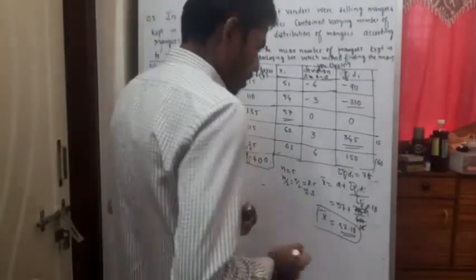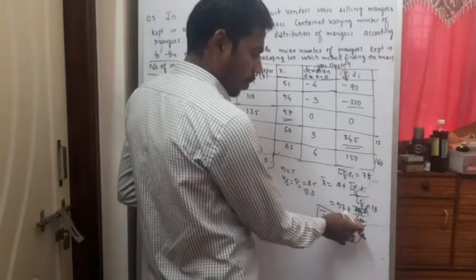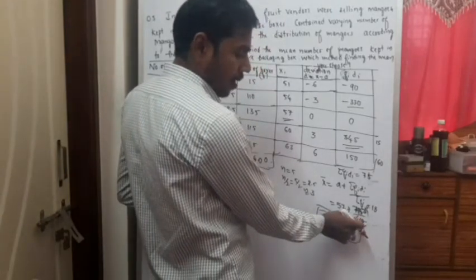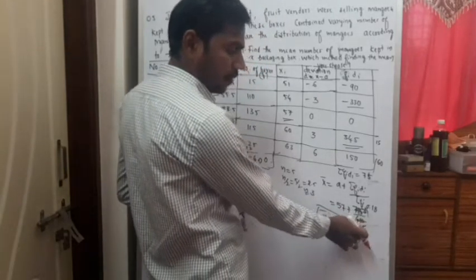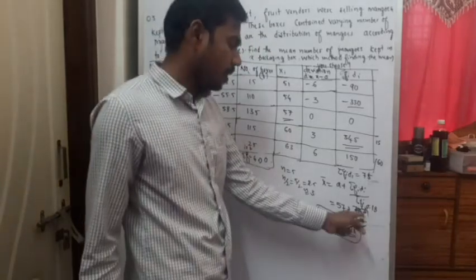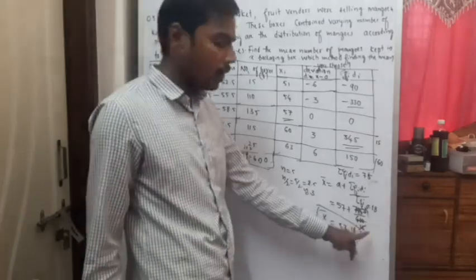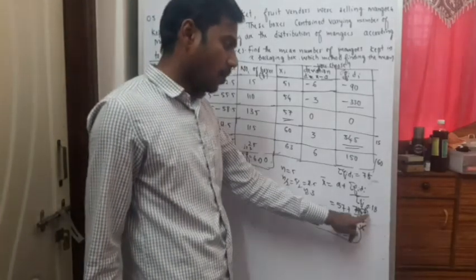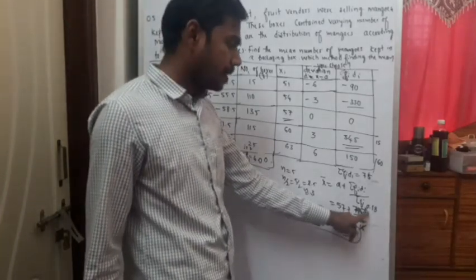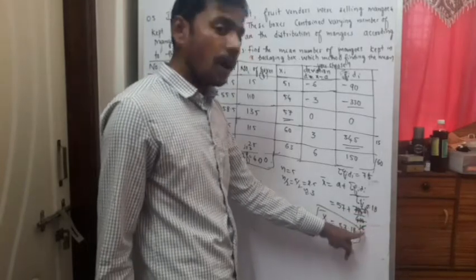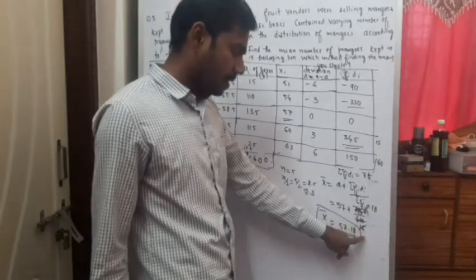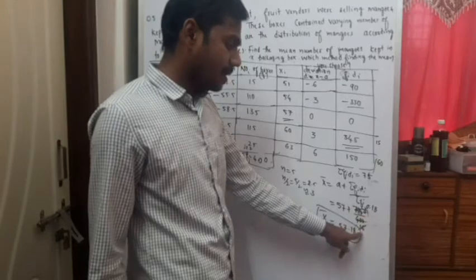See what we did. 25 ones are 25, 15 left, that is 150, 25 sixes are 150, that is 16. 25 threes are 75. Next, 3 by 16. How are you going to divide it? 16 ones are 16. So 3 is lesser than 16.